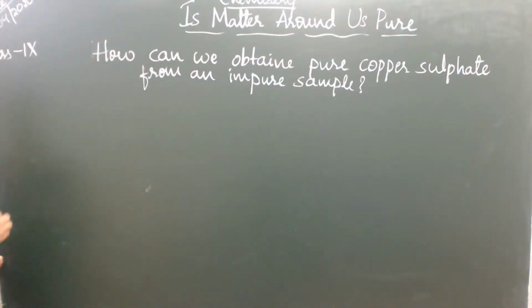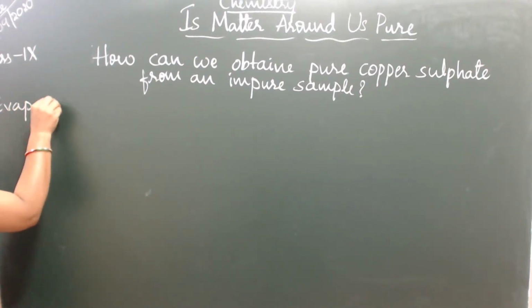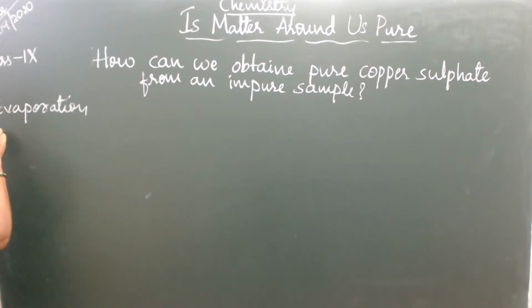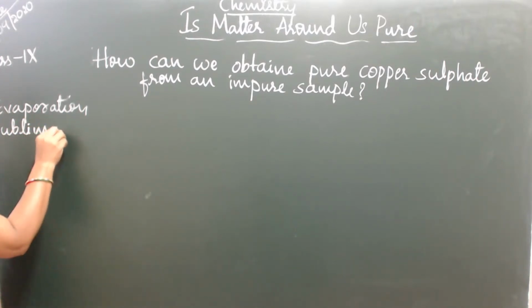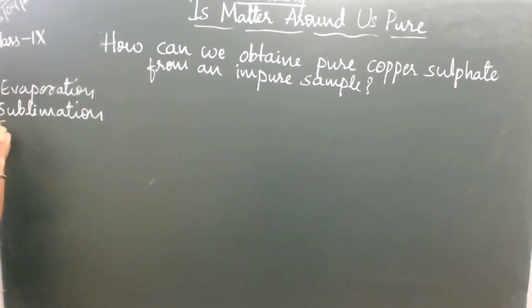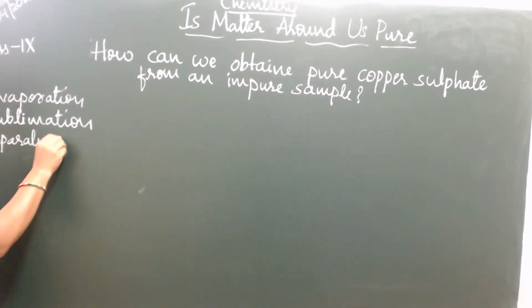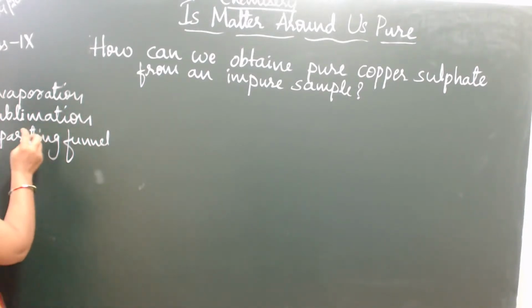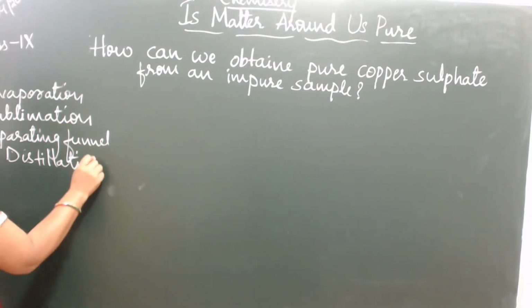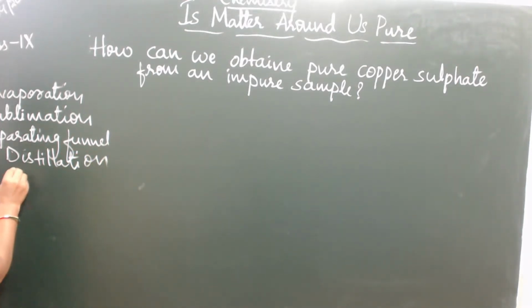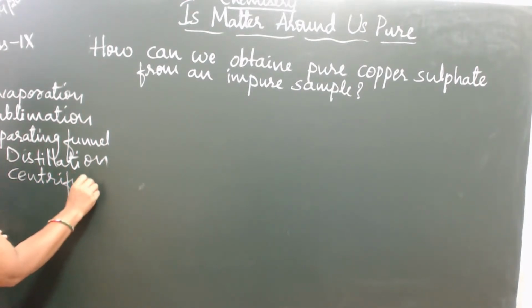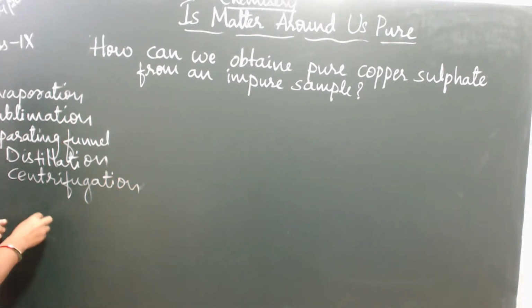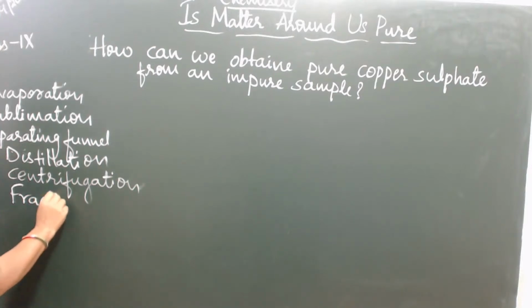So, dear students, we have learned about the evaporation process, the sublimation process, how to separate two immiscible liquids with the help of a separating funnel, the distillation method, the centrifugation method, and the fractional distillation method.